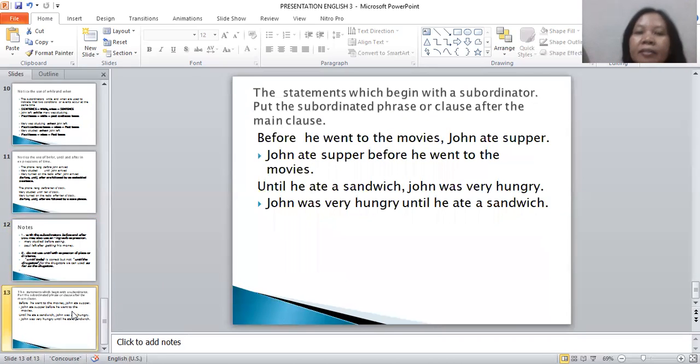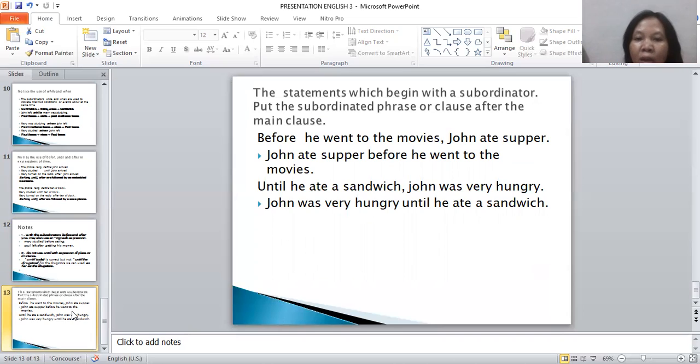And in the end, I would like to explain the statement which begins with a subordinator. Put the subordinate phrase or clause after the main clause. For example, before he went to the movie, John ate supper.